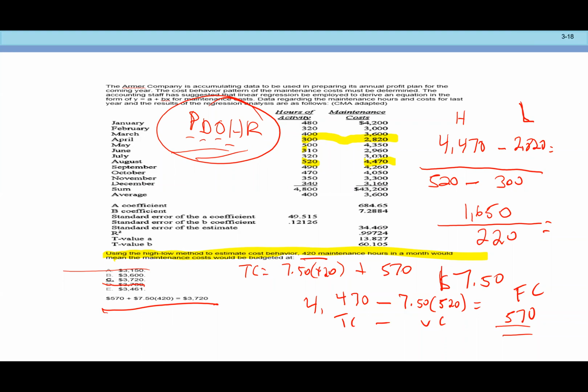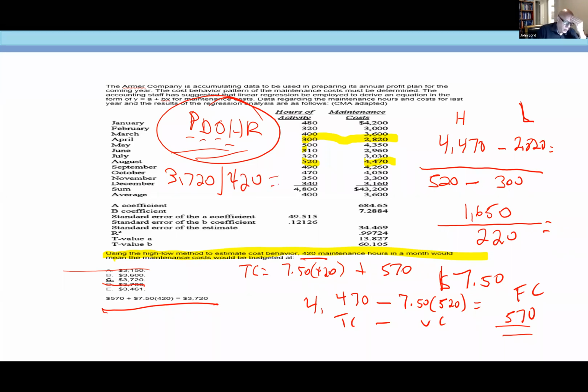Would it be 3,720 divided by 420? Good. 3,720 divided by 420 gives me a predetermined overhead rate of what? 8.86.